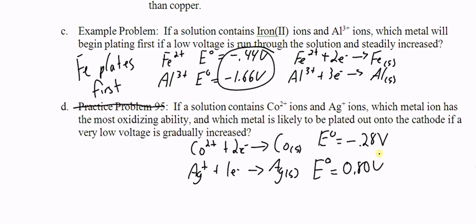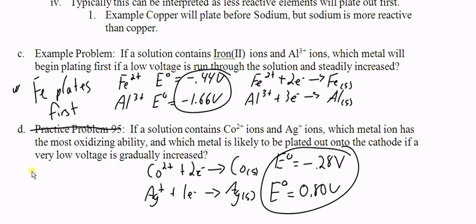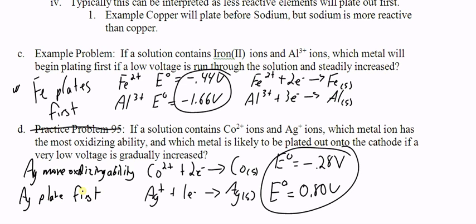Again, greater oxidizing ability is determined by comparing the two standard cell potentials, and with silver having a more positive cell potential, silver should have more oxidizing ability, which also means that silver should plate first.